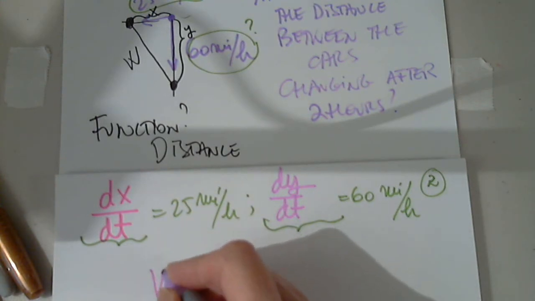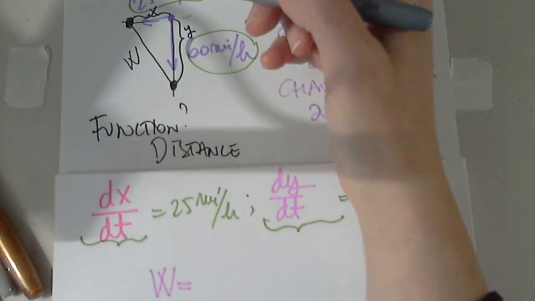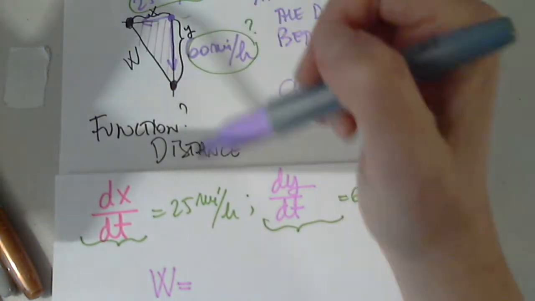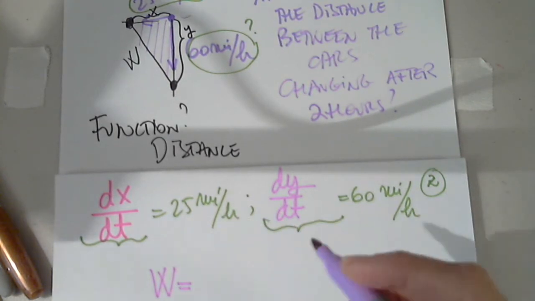And now I need a relationship that involves W, because this is what I'm interested in. Can anyone say anything about an equation or relationship or anything that I could use to express W somehow in an equation? dW over dt?